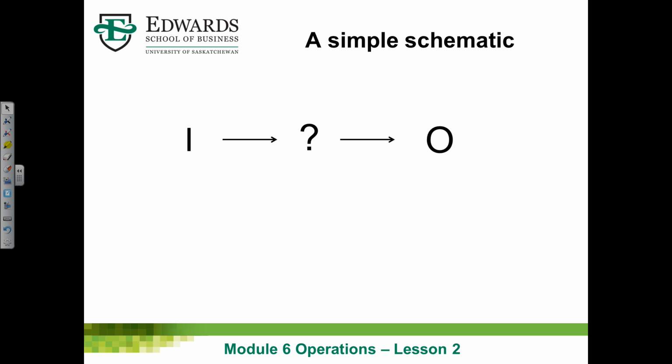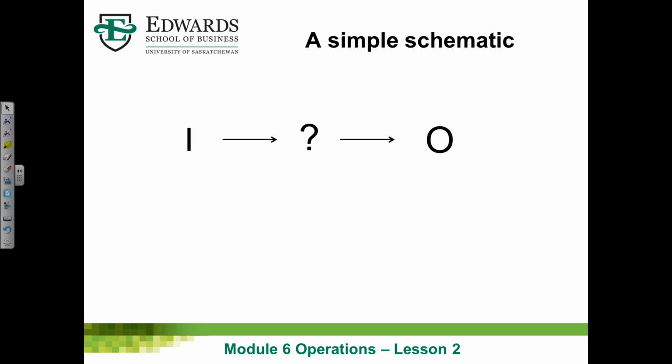So, if you end up getting confused or you want a simple schematic to remember operations management throughout the rest of this module, this is something that I do in the university courses that I teach when we're going through operations management. I write up on the chalkboard a simple schematic like this. The letter I on the left-hand side stands for inputs.